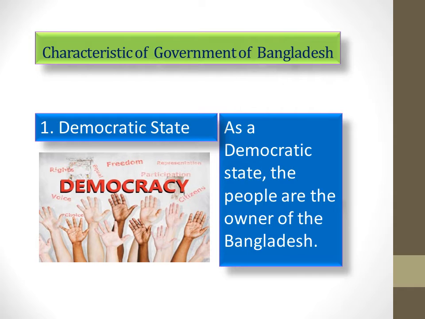In this picture, many people are trying to touch democracy, and here they are applying their freedom, their participation, their choice, and they can raise their voice, they get their rights, everything. That's why Bangladesh is a democratic state.